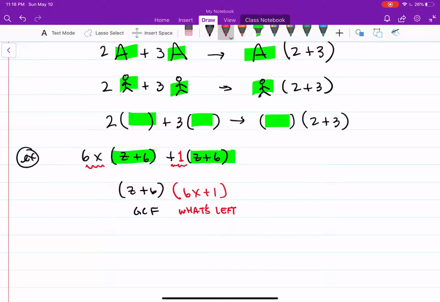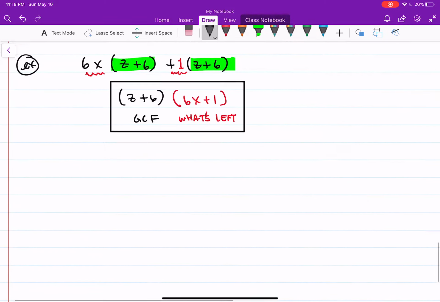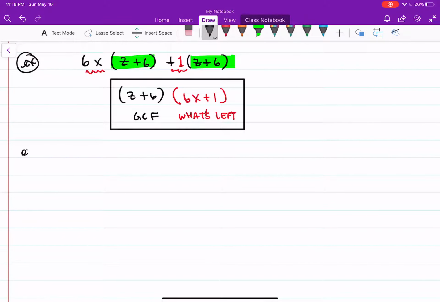Okay, so those two things are part of factoring. So there is my answer. Okay. Let's see if I have another one set down for you guys here. Well, I do. So let's take a look at this.